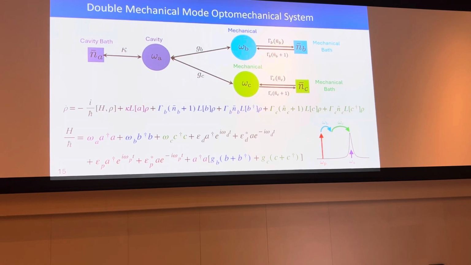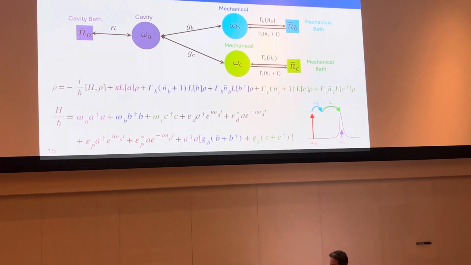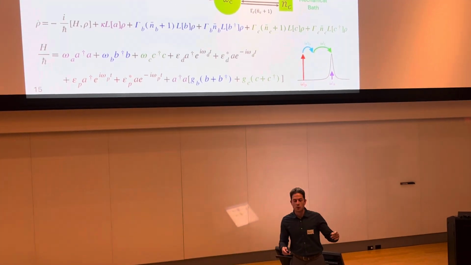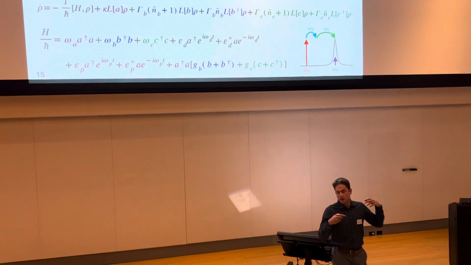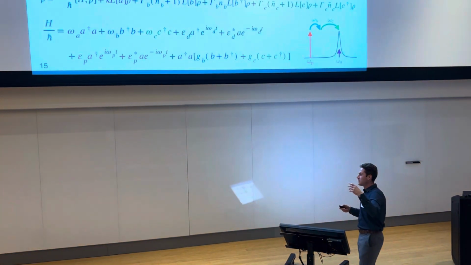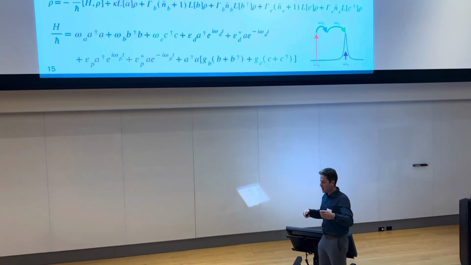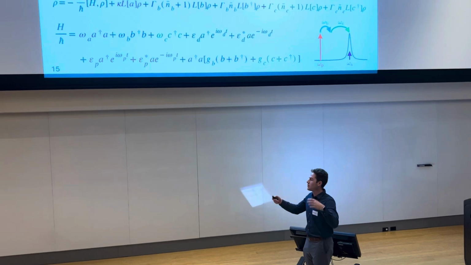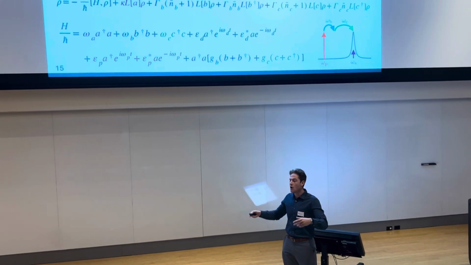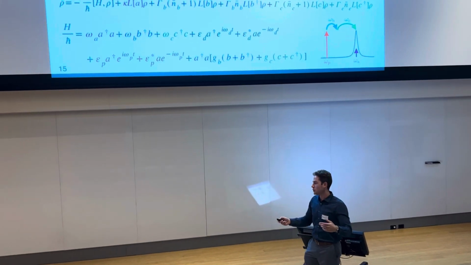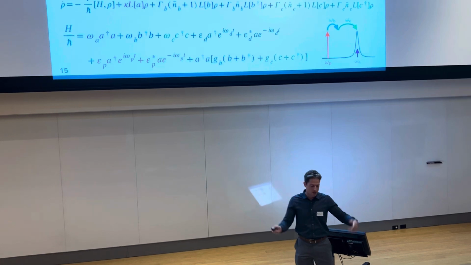And in order to realize a pair coherent state optomechanically, we would take a pump at exactly the mechanical frequency A plus the mechanical frequency B away from our cavity resonance. And this would produce the pair coherent state.